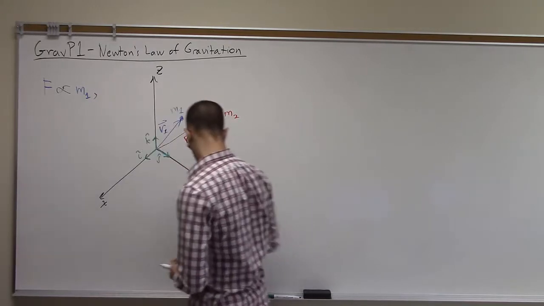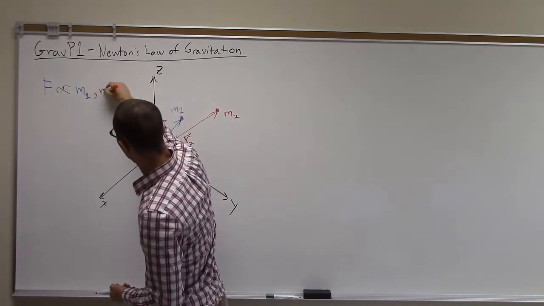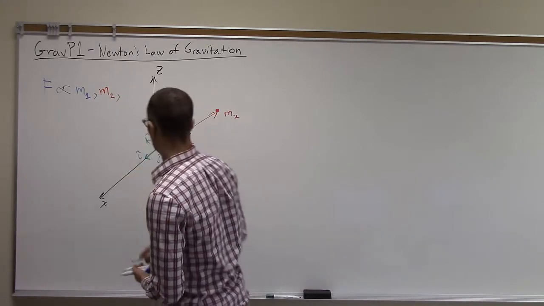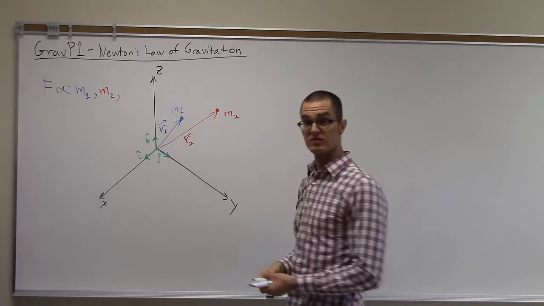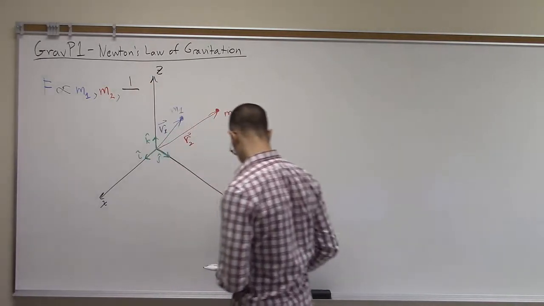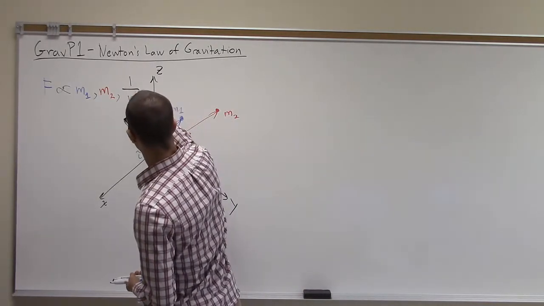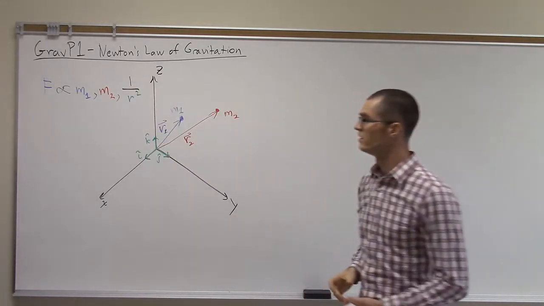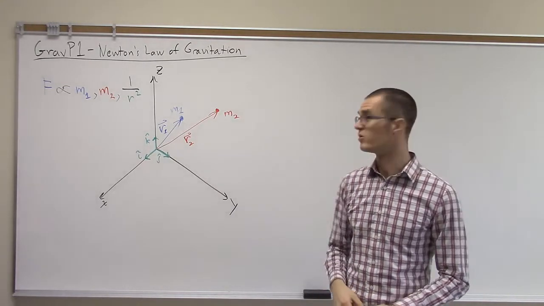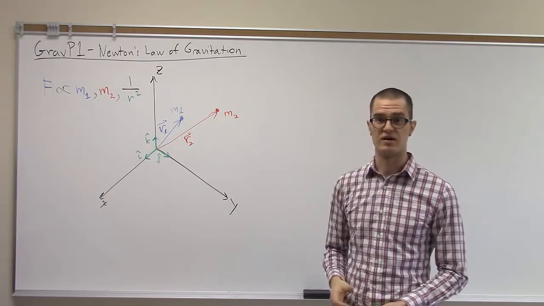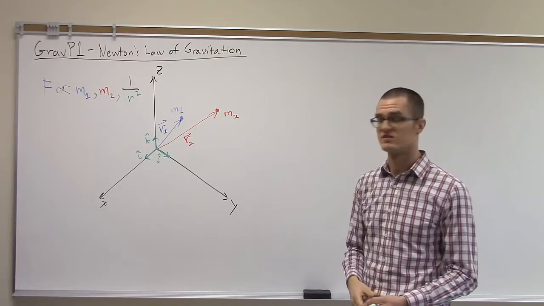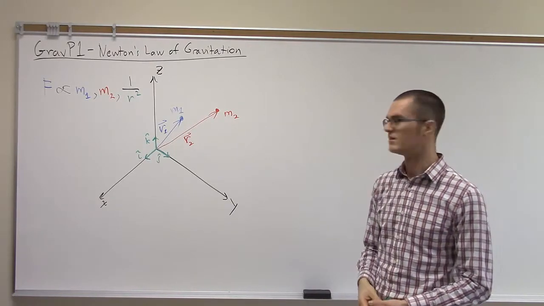It's also proportional to the mass of the second object, and it's inversely proportional to the distance between them. So I'll write 1 over r squared. So it's directly proportional to m1 and m2, and it's also inversely proportional to r squared. So r is the distance between the two objects, so that means the further they are apart, the smaller the force is. And that makes intuitive sense.